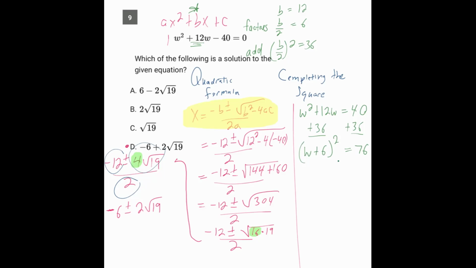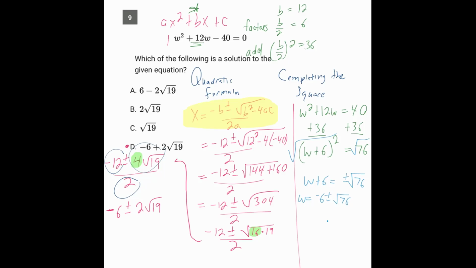And now, if we want to get w, we have to take the square root of both sides. So square root here, square root there. So we'll have plus or minus root 76 is equal to w plus 6. Take away 6 from both sides, and you'll have w is minus 6 plus or minus square root of 76.